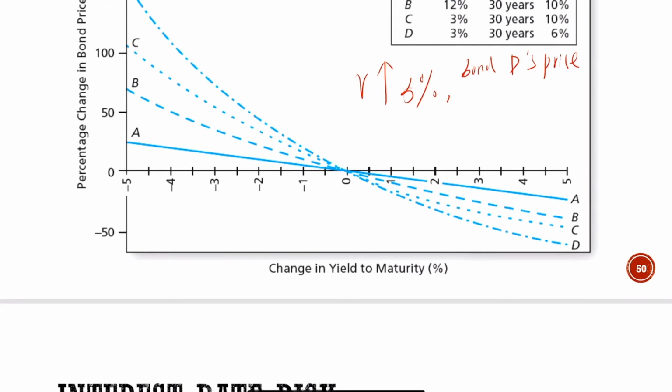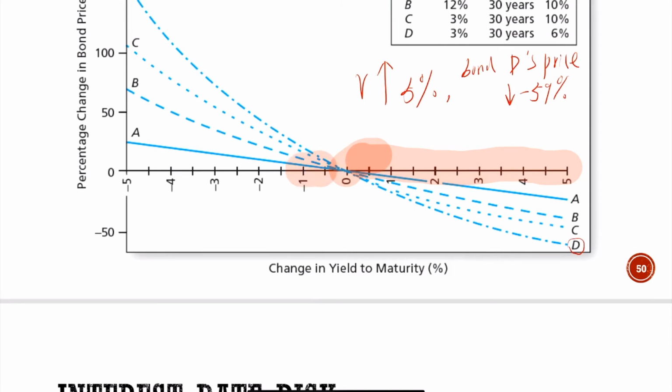If you look at this side, you can see that the interest rate increases by 5%. And what is bond D's price change? It's about minus, let's say, about minus 49%. So we're looking at this point here.